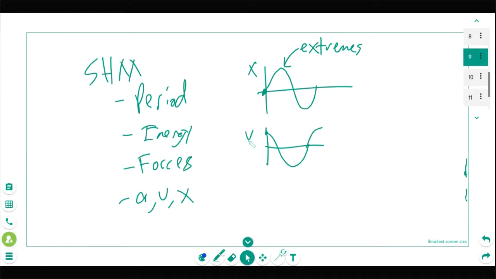And then your acceleration will be pretty much the same here. In this case, we're slowing down, so negative, 0, up and 0 again. So that sort of stuff, knowing how your graphs go. Yeah, so the College Board one.